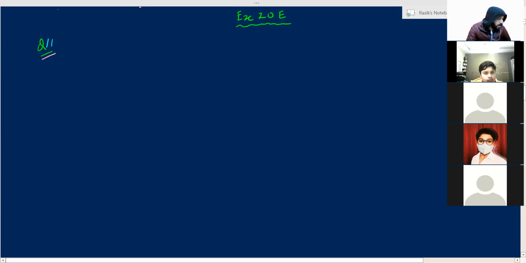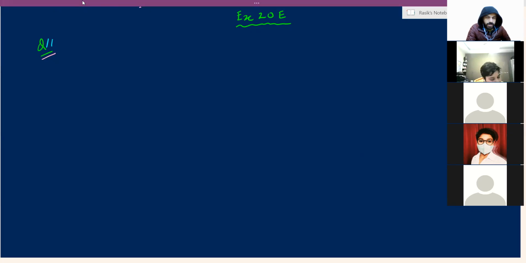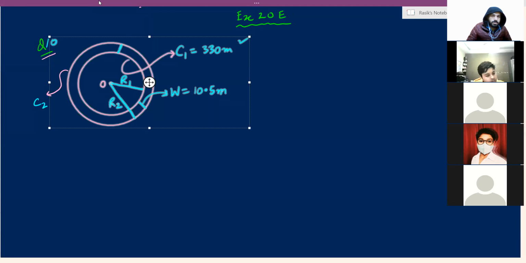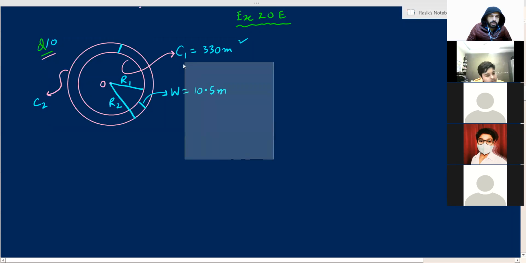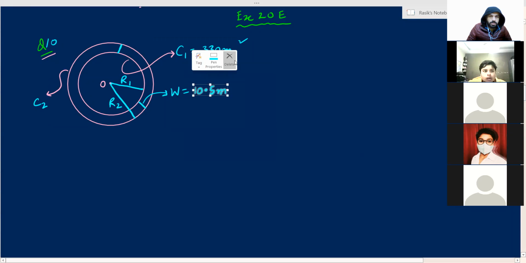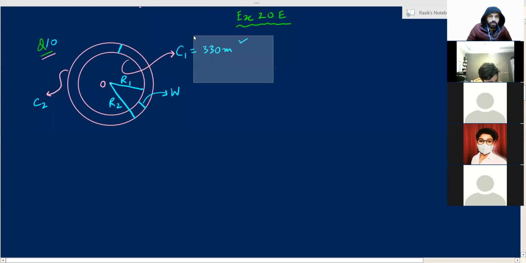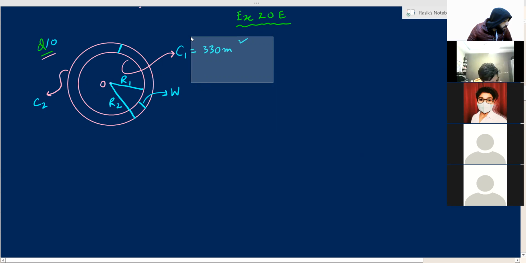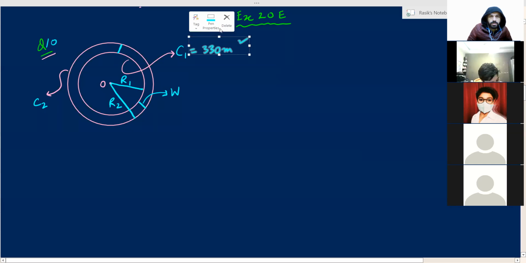One circle has a radius of 98 centimeters and the second concentric circle has a radius of 1 meter 26 centimeters. So again, there are two circles, concentric circles, that means circles with the same center. The width of the circle is not given, and the circumference is also not given.